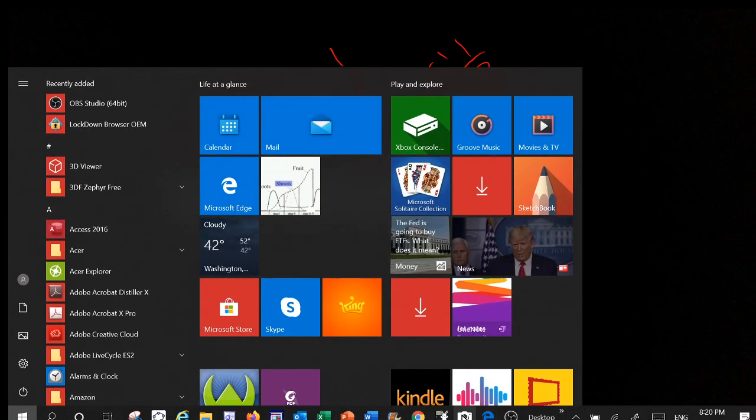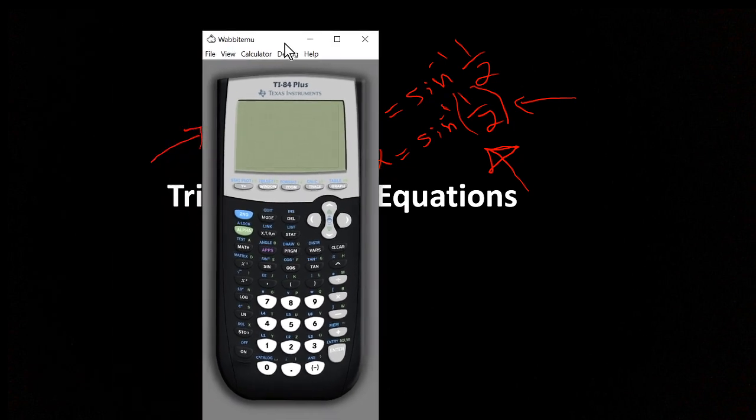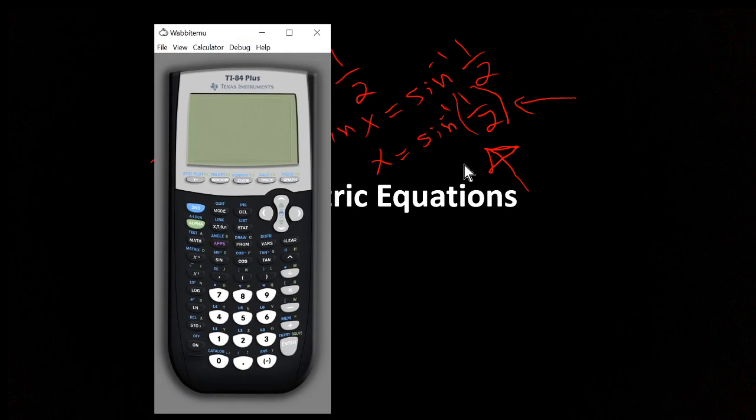Let me get the calculator. So with the calculator we can easily find out what is the angle that has sine 1/2, and it's good if we are in degree mode. So when you put sine inverse of 1/2 in the calculator, you get 30 degrees.